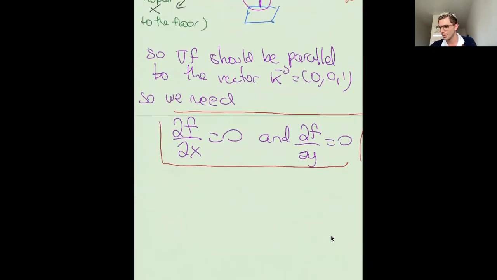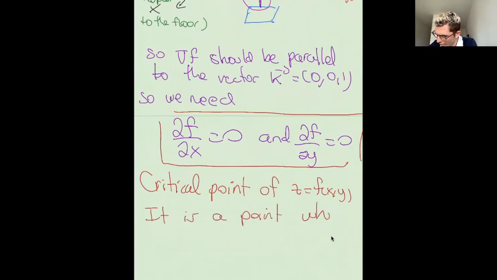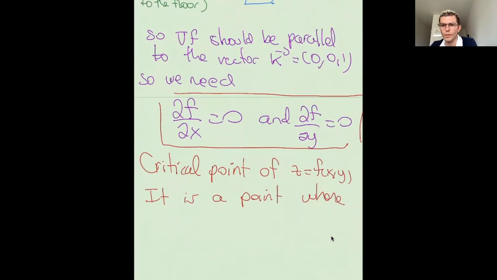A critical point of f of x comma y is a point where both partial derivatives vanish.